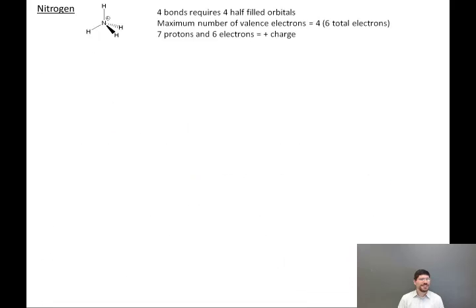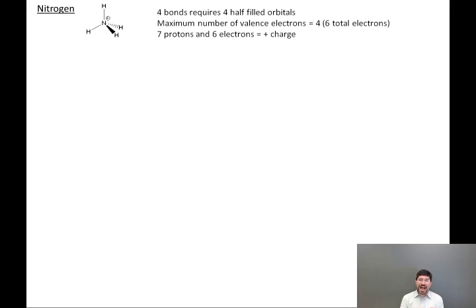What about nitrogen? Same analysis. NH4+ is an example that you've seen repeatedly of a positively charged nitrogen. So nitrogen here is forming 4 bonds, therefore it must have 4 half-filled orbitals. The maximum number of valence electrons then has to be 4.